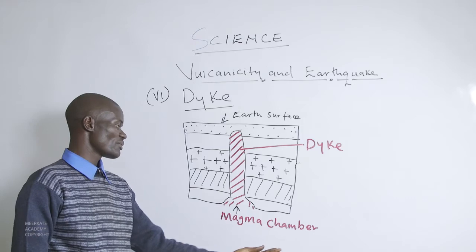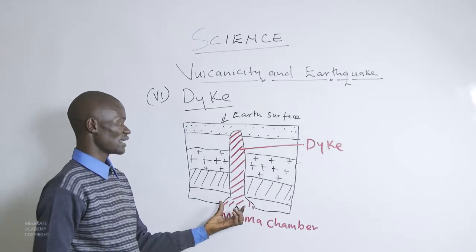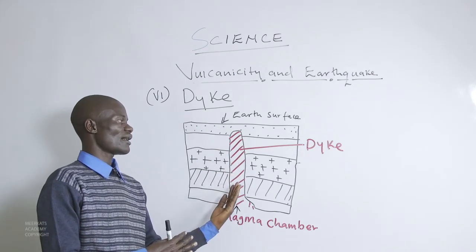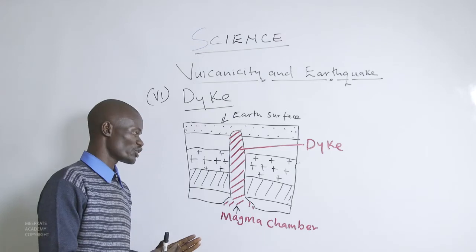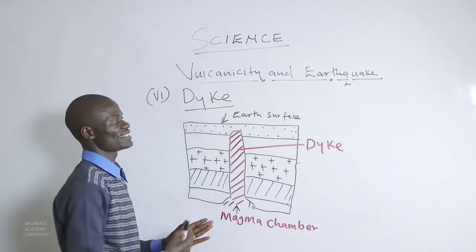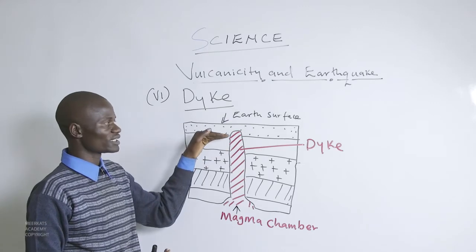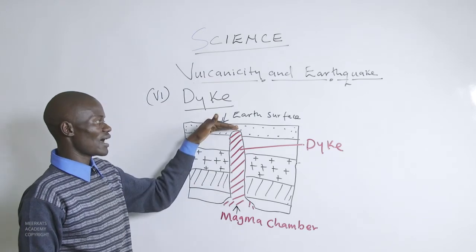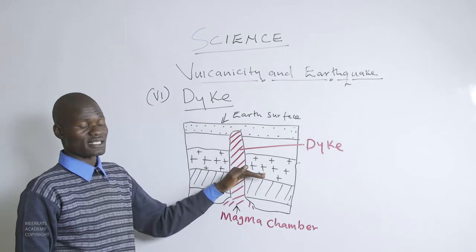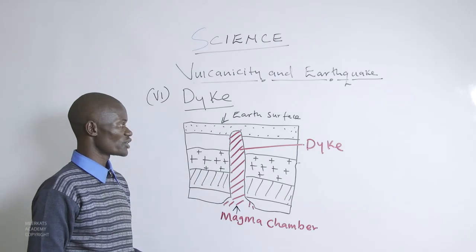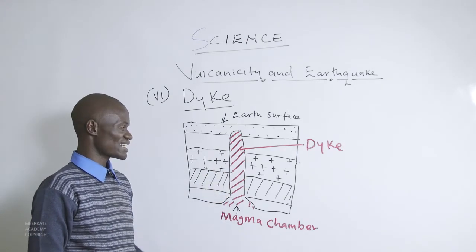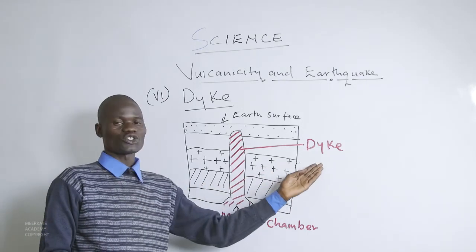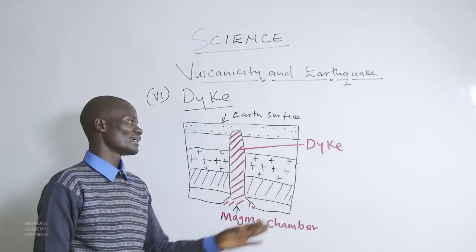Now, in the magma chamber, when the magma finds its way through the intrusion and the fissure, it may find a vertical or perpendicular position where it is almost ejected onto the earth surface, but it is not yet on the earth surface. It just cools and solidifies within the bedding planes of the earth crust, therefore leading to the formation of a wall-like structure that will stand within the bedding planes of the earth crust, that is also referred to as a dike.